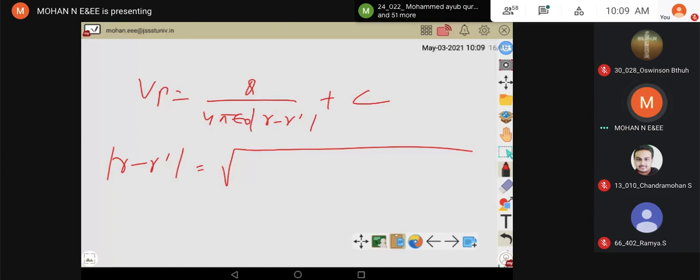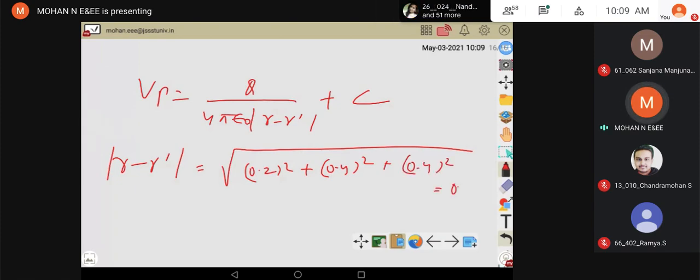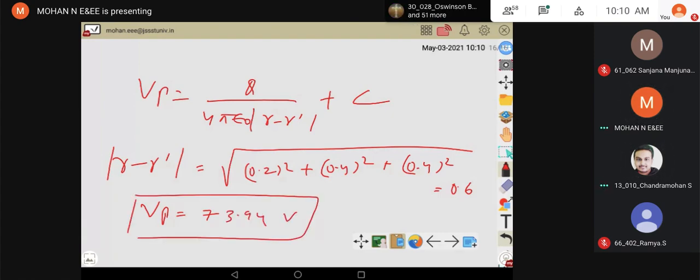It is 0.2 square plus 0.4 square, 0.4 square, that is this 0.6. And you can solve for Vp using the C. Yes, answer 70.94 volts. Okay.